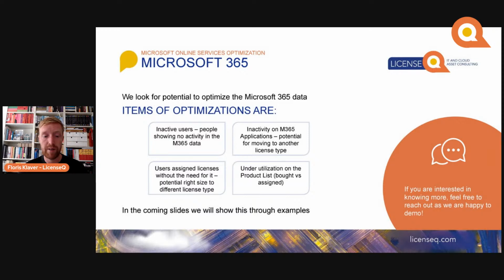Inactivity on M365 apps for enterprise, its potential for moving to a better license type. Users assigned licenses without the need for it. Blocked users, for instance, potential right size to different license type. And finally, but the easiest one, underutilization of the product list. And I want to go through every aspect that you see here in the upcoming slides.